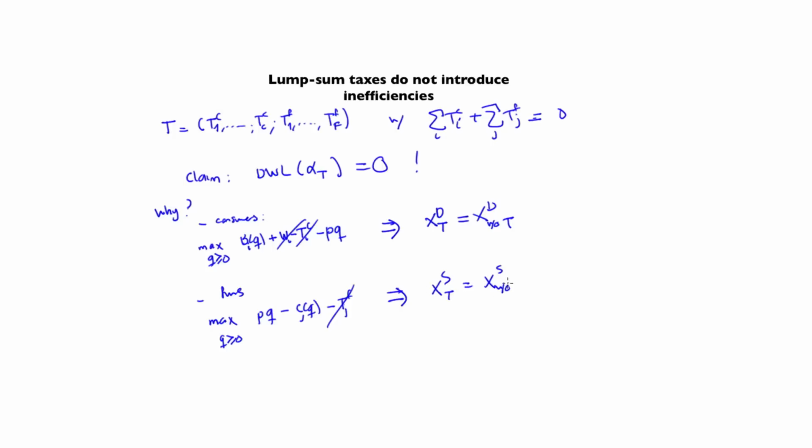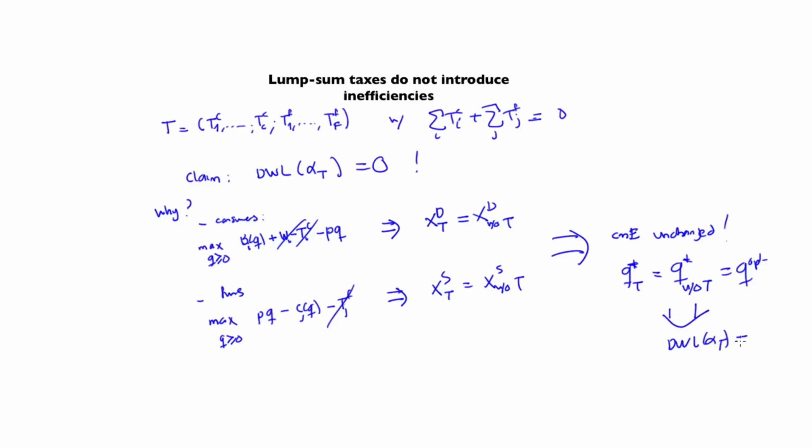But if the supply and the demand remain unchanged, this implies that the competitive market equilibrium is unchanged too, and therefore the quantity produced with the tax is equal to the quantity produced in equilibrium without the tax, which is the optimal quantity by the first welfare theorem, and this implies that the deadweight loss at the allocation generated by the tax is 0.